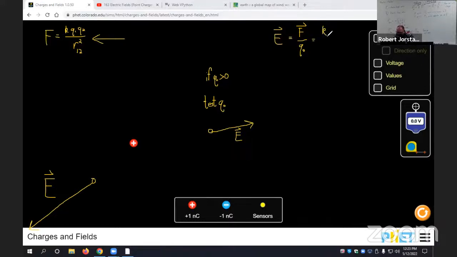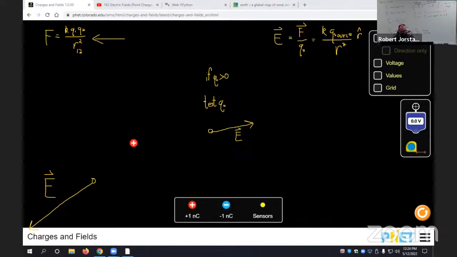K, the source charge, I'll call that Q source. There's going to be some distance, and maybe I'll square that. And then there's going to be an R hat. So if we include the vector, this gives us the equation for the point charge electric field. That's a big result. I'll summarize this on the board in just a minute.